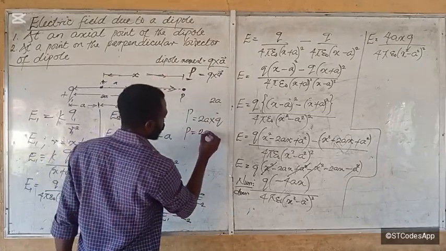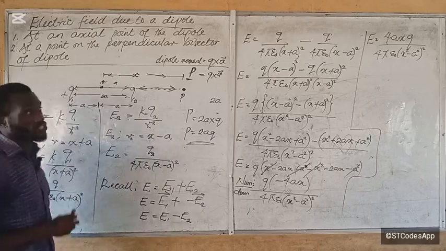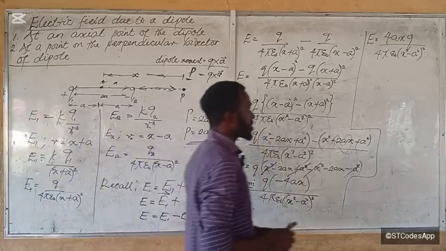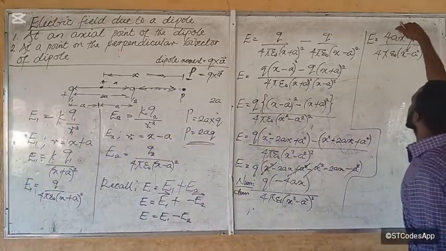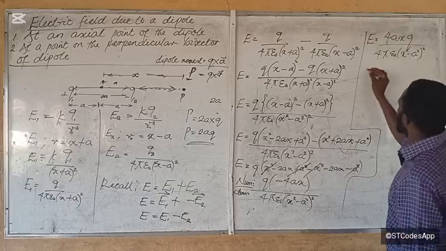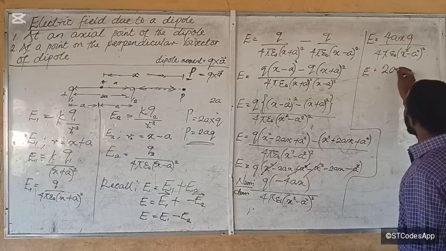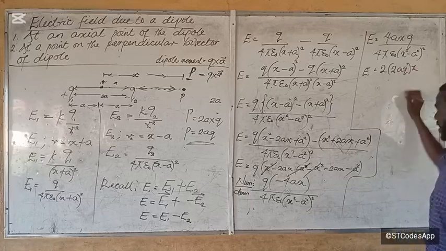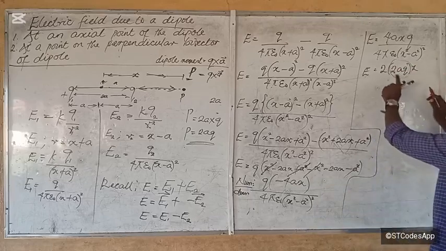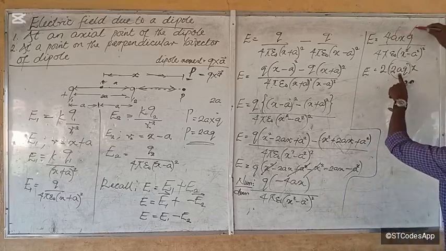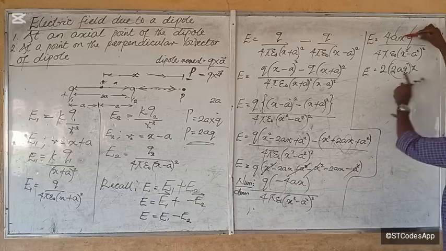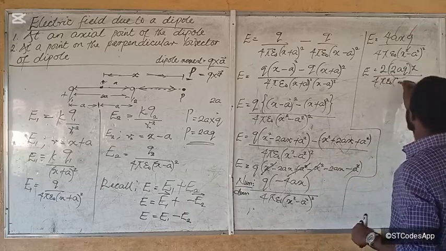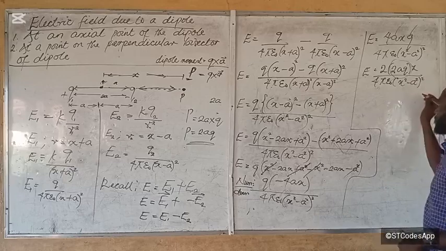So if p therefore is 2aq, then by the time we factor out 2aq here, E is going to be 2 multiplied by 2aq times x. I brought this and this out, and this is my x, and this is my 4. Does that make sense? All over 4 pi epsilon naught x squared minus a squared all squared.